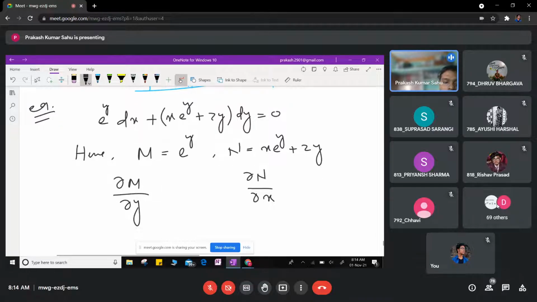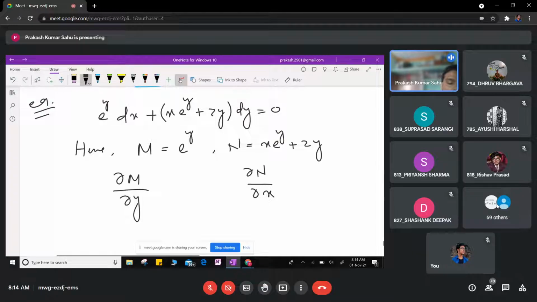So now if you find the partial derivative of M, del M by del y, differentiating with respect to y, then x is a constant. When you differentiate, x is a constant. So here the term is only e to the power y, so the derivative of e to the power y is e to the power y.